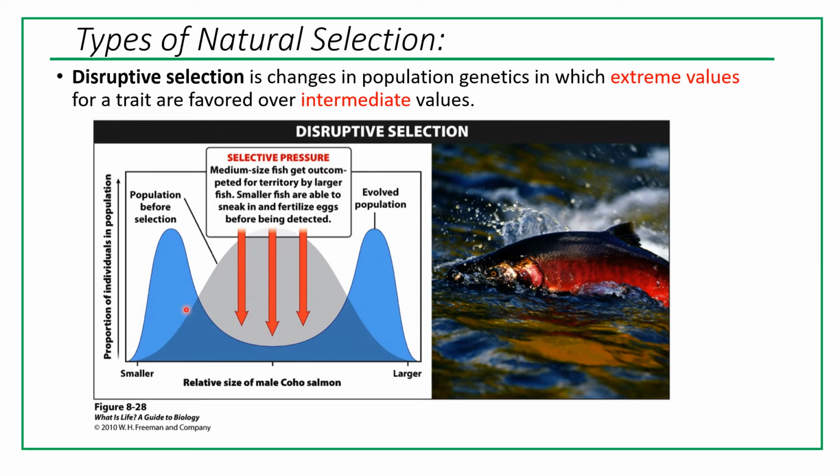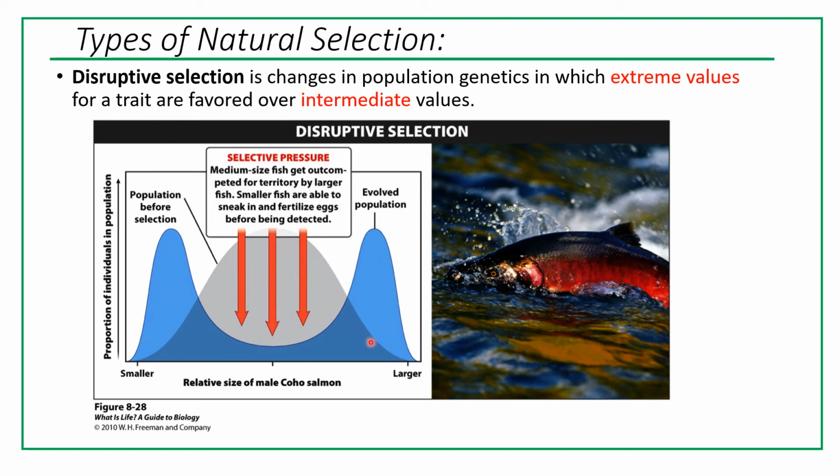And being small is also not bad because they can sneak in and fertilize eggs. So look, that's especially male, right? If you're small, you sneak in and fertilize, so you're passing your genes. If you're large, you just outcompete, right? And you fertilize the eggs. So it's just not good to be medium size in this particular example, right?